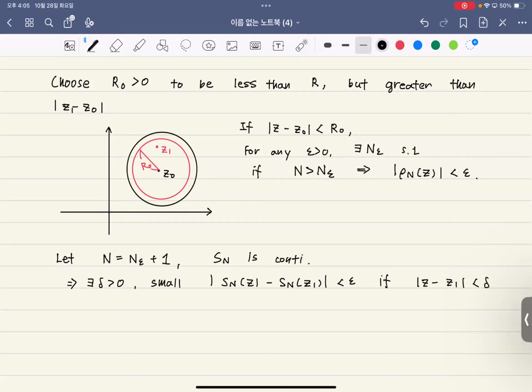Well, here I was being a little bit ambiguous. I said the delta should be small, but how small should it be? So I require my delta to be so small that this distance, z from z1, is completely contained in this red circle.